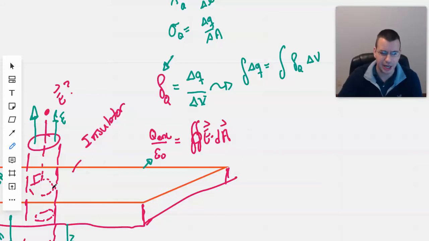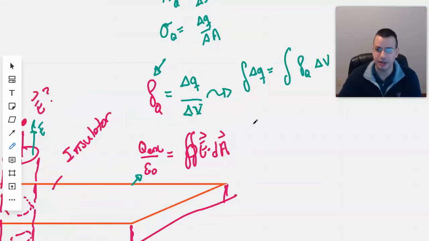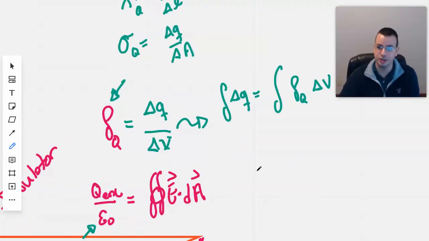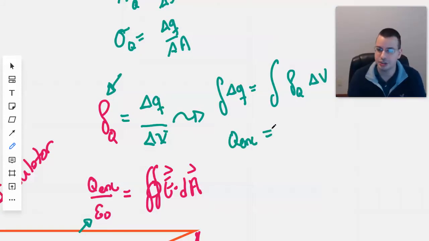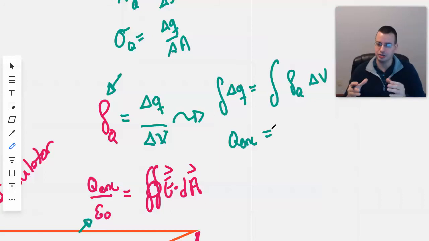I'm going to say top of the plane to the bottom of the plane, but what that's really going to give us is all the Q enclosed of the plane we're looking at. So it's the Q enclosed within our Gaussian shape. So take the integral over everything. I know, bear with me here.